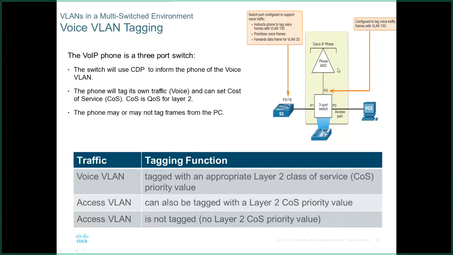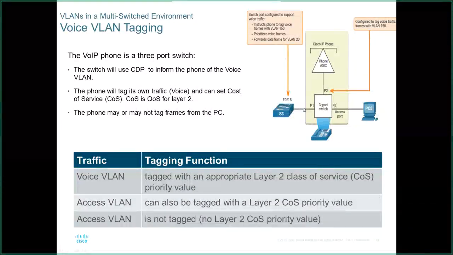So any traffic generated from the IP phone connects to this port via port 2 and becomes a member of our voice VLAN. So all traffic coming via the voice VLAN are tagged. Our data from our PC is native traffic. It's not tagged, so it arrives as native traffic on switch 3 and is joined to whatever VLAN is attached. In this example, it's VLAN 20.